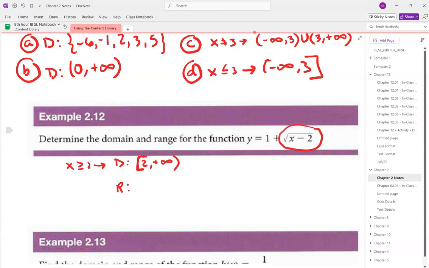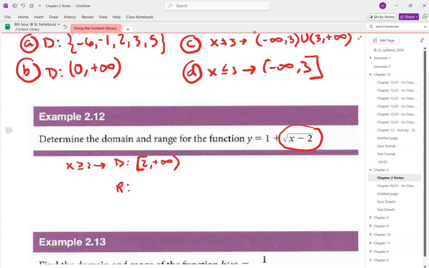Okay. Now let's think about the range here. What's the smallest output from square root of x minus 2? It's the smallest value it can take. So 0 then, right? What's the biggest output it can have? Infinity. As x gets bigger, what's going to happen to the output of the square root of x minus 2?